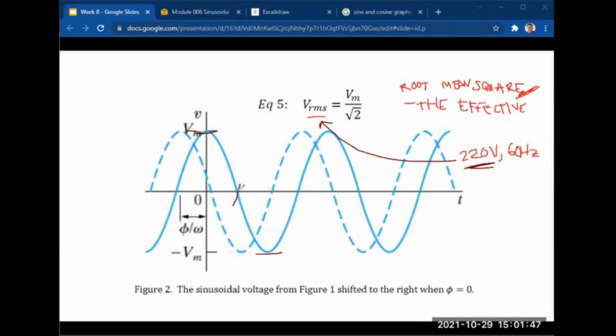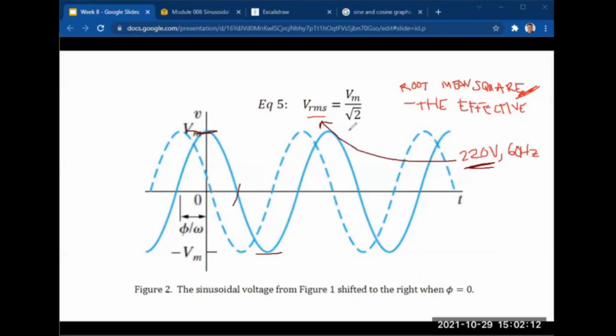Every time it reaches zero, will it turn off? No. When it reaches a negative voltage, will it reverse the direction of the fan? No. So electrical devices will utilize a certain value that is effective, or the most useful, from this sinusoidal voltage, and that is the root mean square.